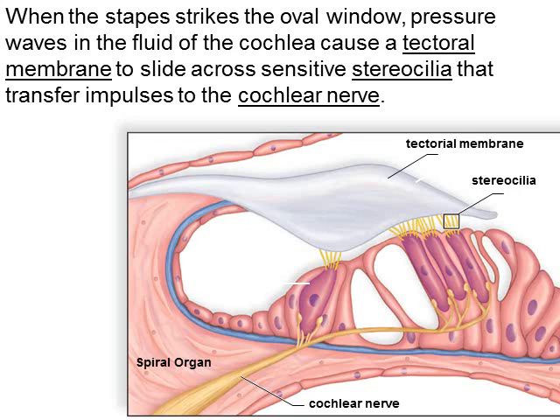These are tiny hairs that are connected to nerve cells. It's almost like playing a violin. Back and forth, the tectoral membrane slides across the stereocilia, and then the impulse is sent to the cochlear nerve and onward to the brain.